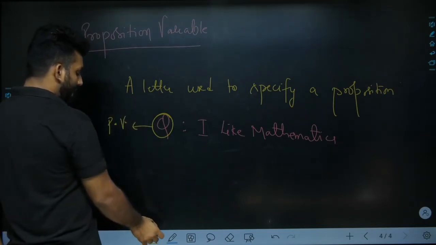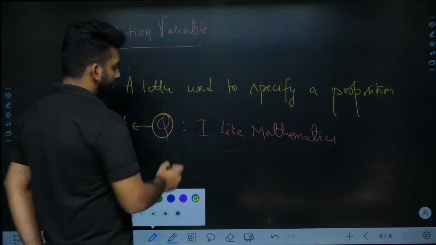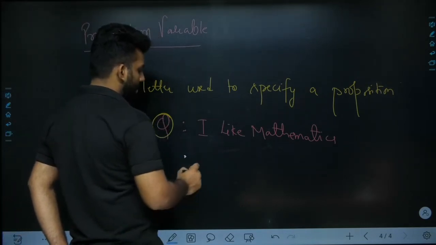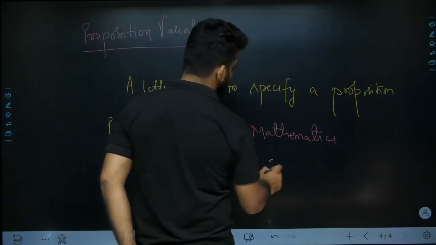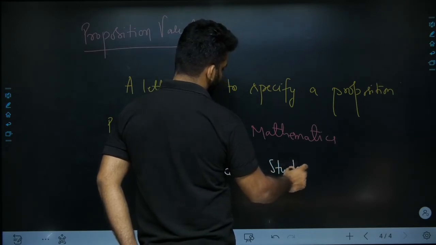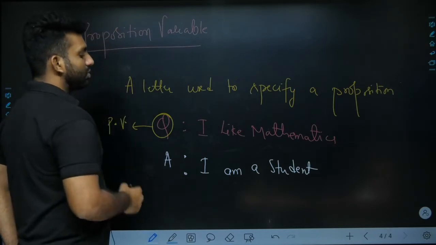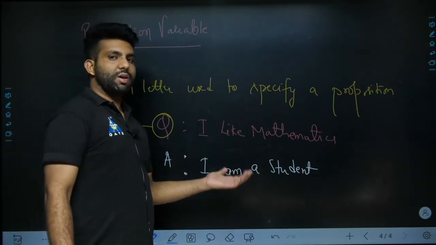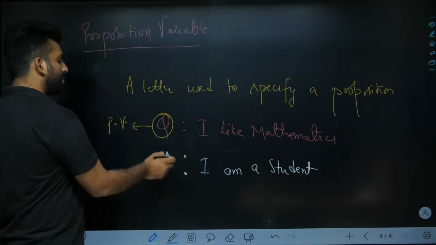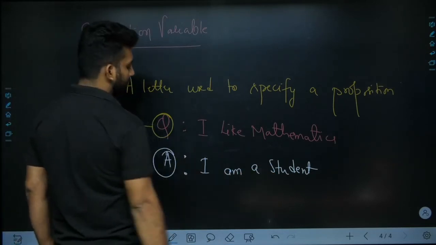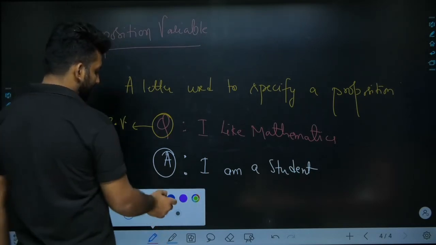Again, similarly, I am a student. This is also, let's suppose, denoted by A. So this proposition is denoted by this letter A, which we will call the proposition variable for this proposition. Similarly, let's take one more example.